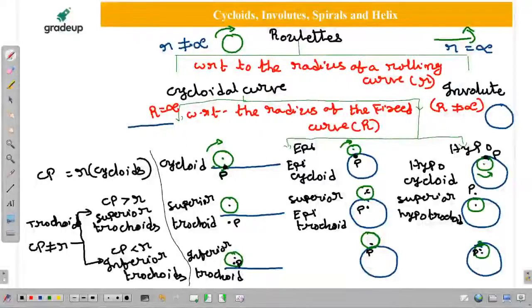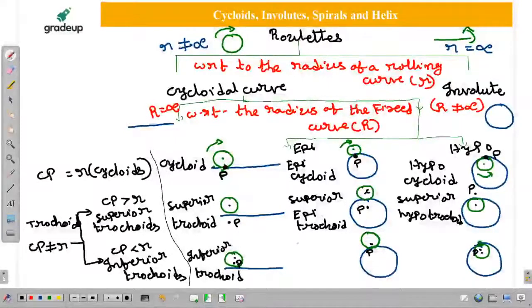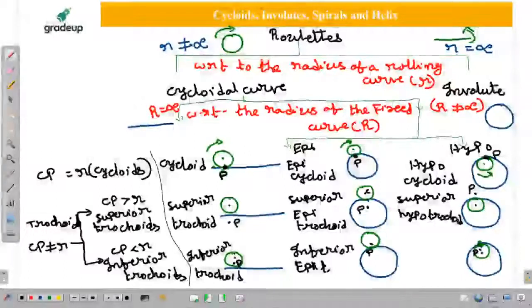Siri, did you take any coaching at any place, or did you learn from the textbooks? And this is going to be inferior epitrochoid.